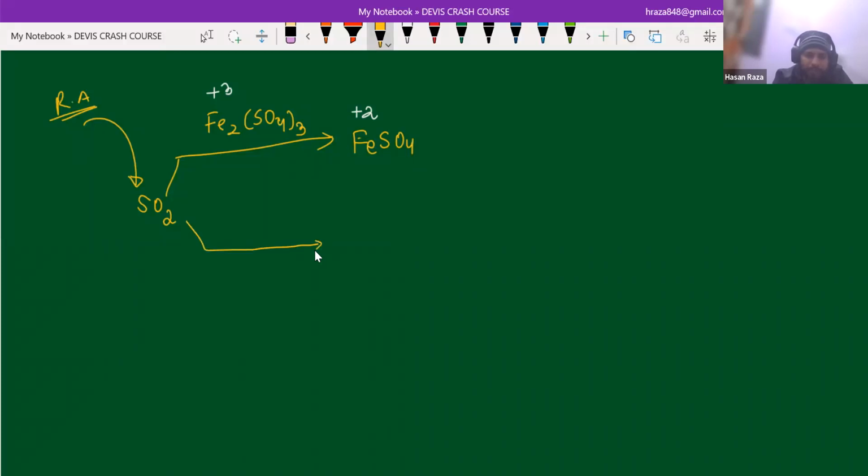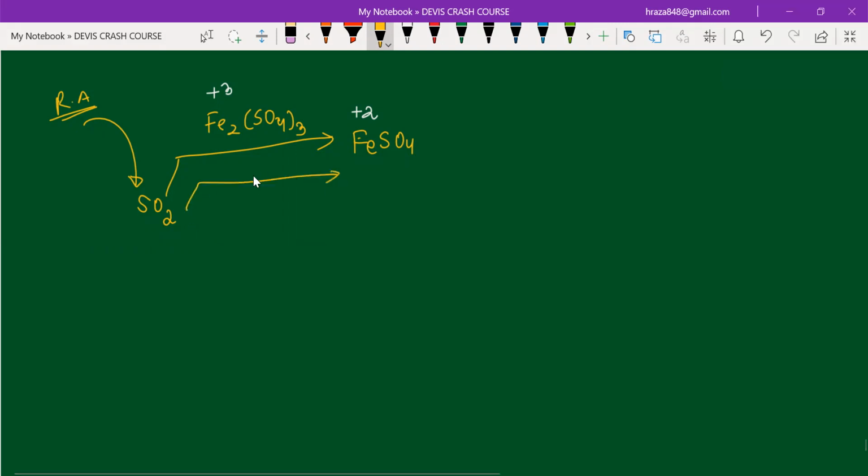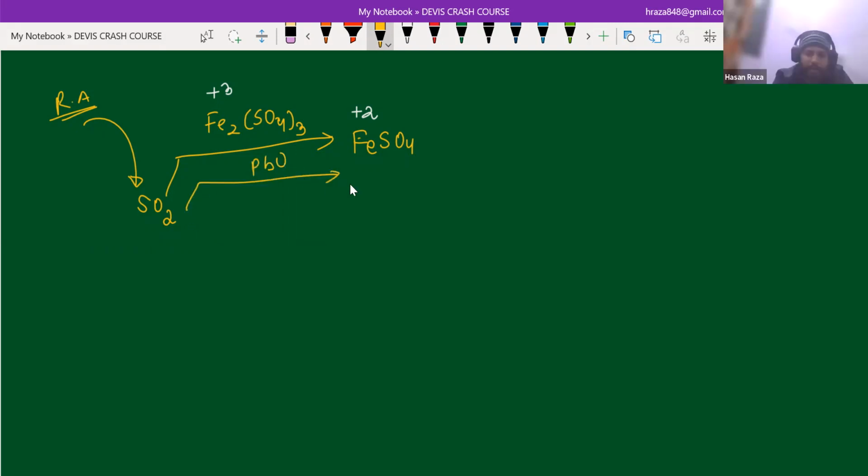Another example of a reducing agent is PbO2, which will be converted into PbSO4. So basically, SO2 is acting as a reducing agent, as you just saw.